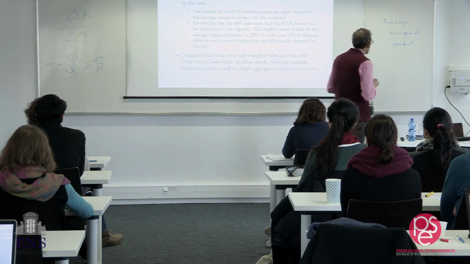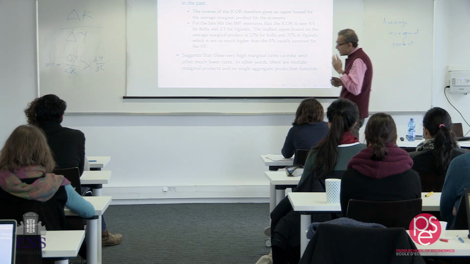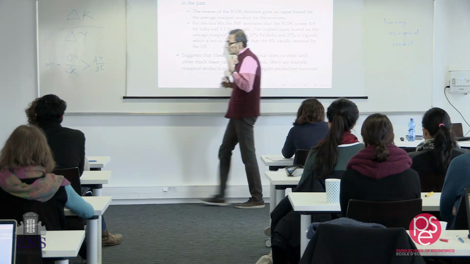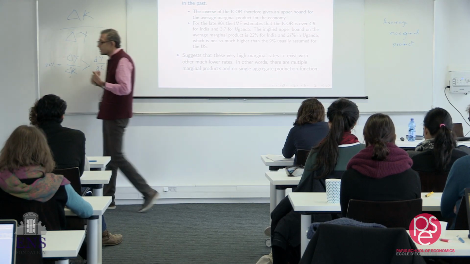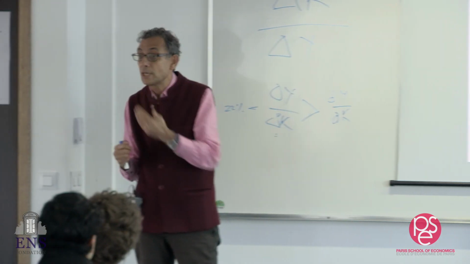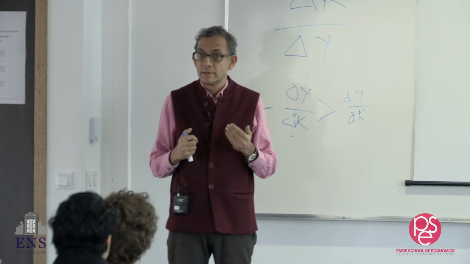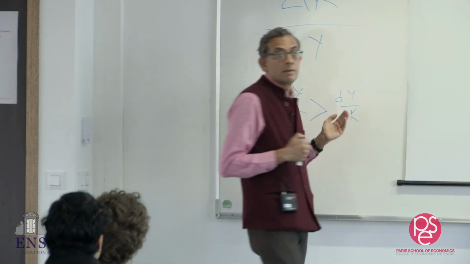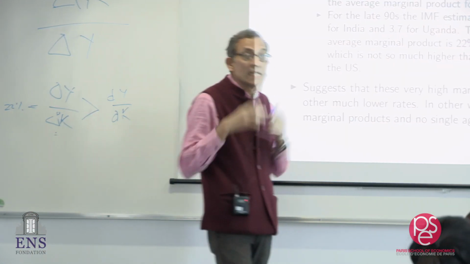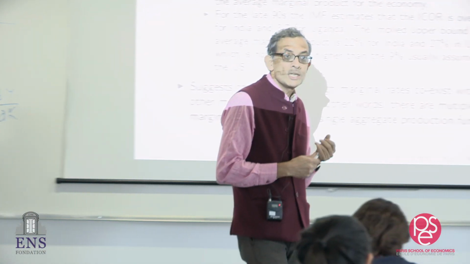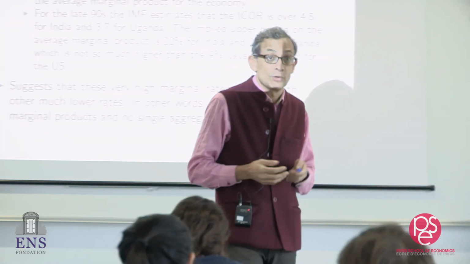Second, so that's something we're going to look at. The second question is, what does this mean for the macro policy question? If I wanted to invest in this country, could I find those firms?